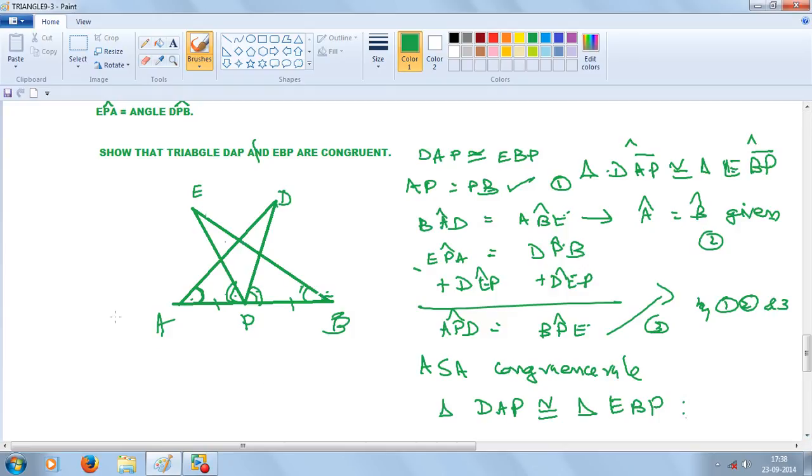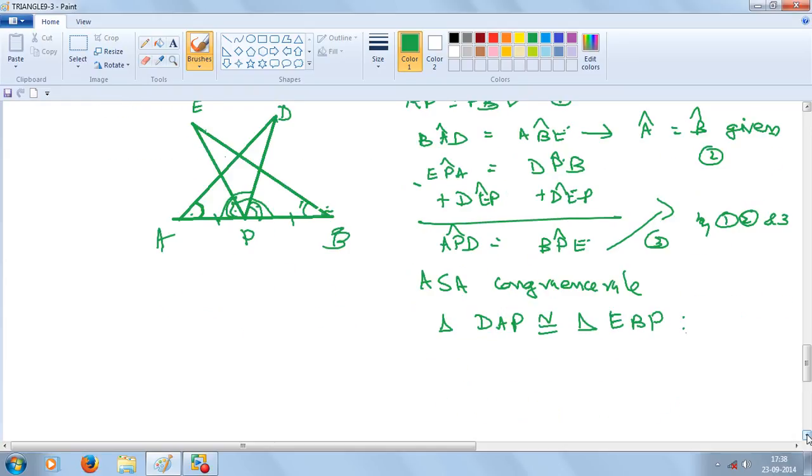What is the one side that is equal? AP. What are the angles? Angle A and this one. So we have to add now. From here this angle is equal to this angle. So we'll move to the next problem.